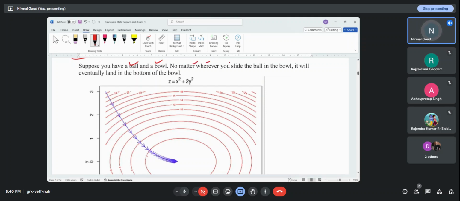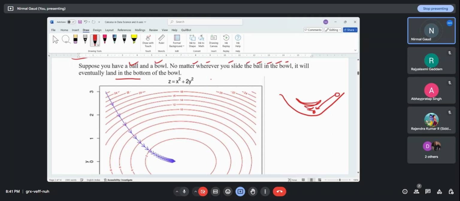No matter wherever you slide the ball in the bowl, it will eventually land at the bottom. Okay, so you have a bowl. This is a ball. It will go to the bottom. It will do some oscillation because of the velocity, and at the end, it will be present at the bottom.